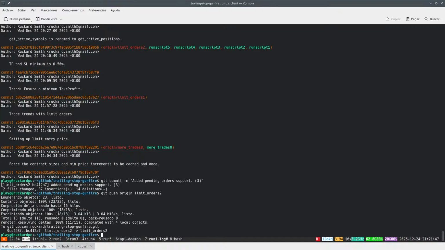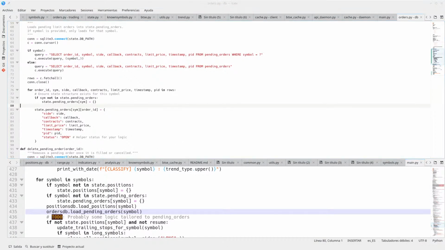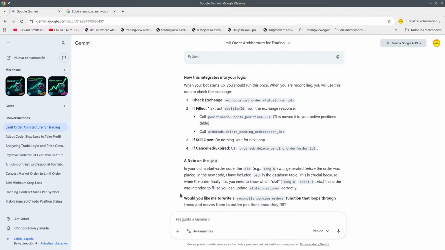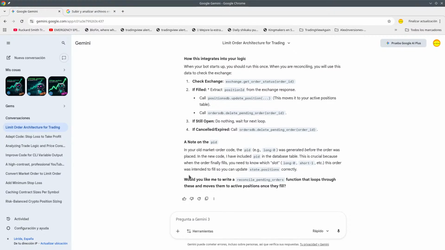So what else do we need to be taking a look at? We don't know. Maybe we can take a look at all of these. So there's this reconcile pending orders function that loops through these and moves them to active positions once they fill.